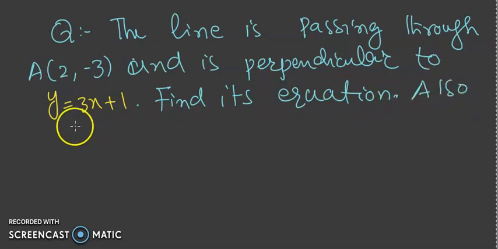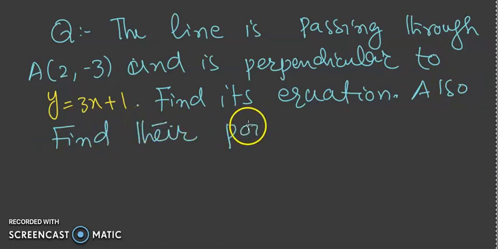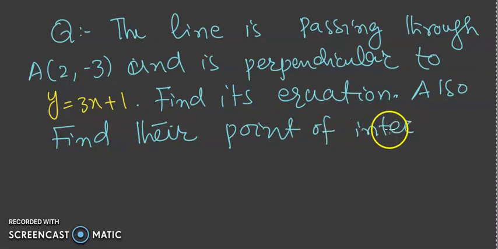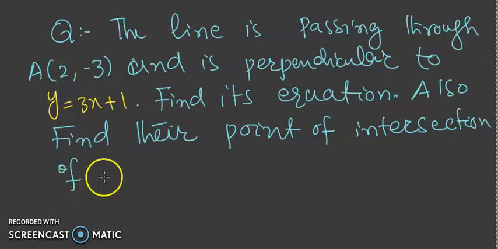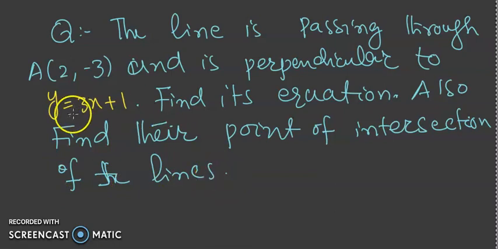Also find the point of intersection of the lines. Which lines? This line and the perpendicular line that we have to find.